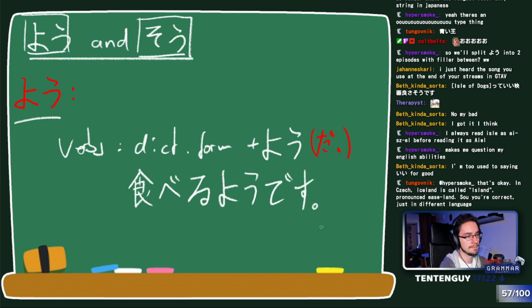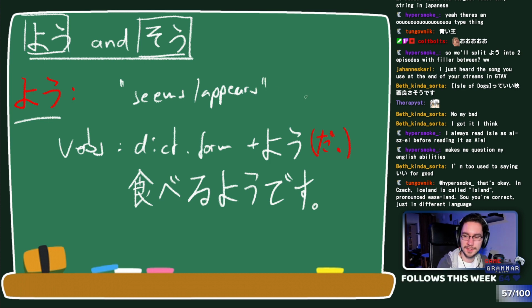Taberu yo desu. And the way that yo is used here, again, is kind of like seems or appears. It seems that or it appears that. And the difference between yo and so is that yo tends to be a little bit more objective.